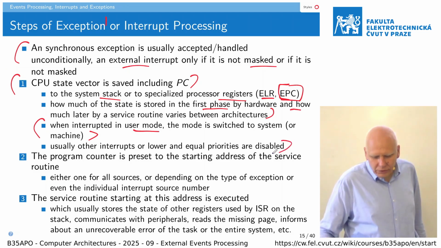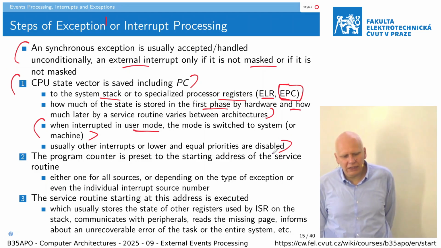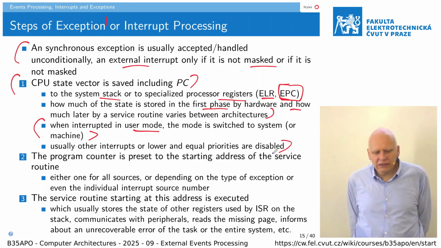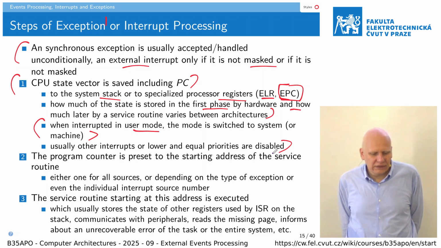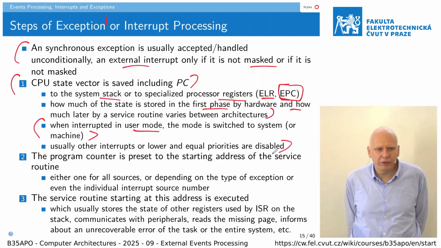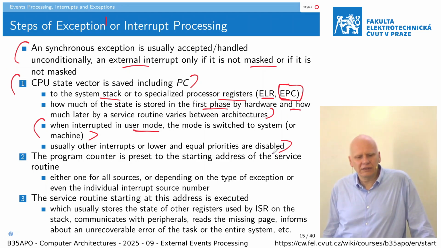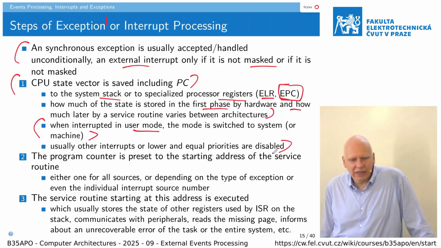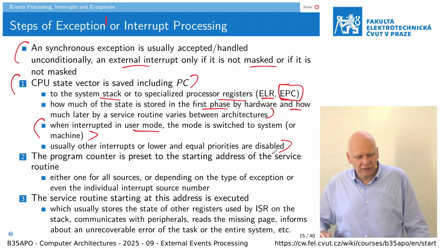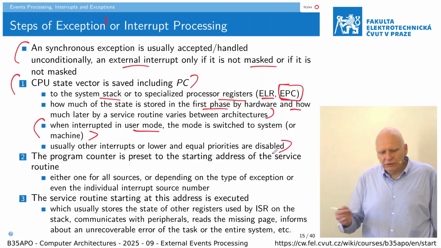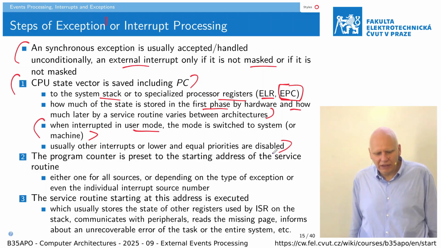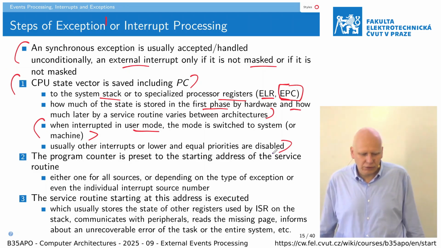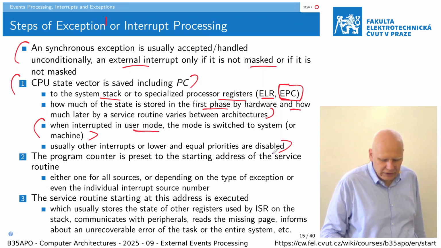And usually during that start of the processing on the hardware level, all other external interrupts or interrupts with lower or equal priorities are disabled, because if you do not block the interrupt on the hardware level, then if the next interrupt comes, you have infinite recursion and you never get to process at least one of them. So for this reason, it usually results in the disabling of the interrupt.